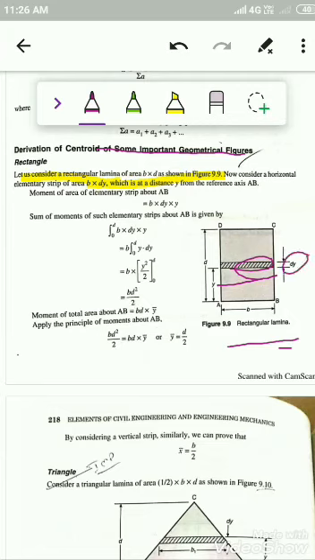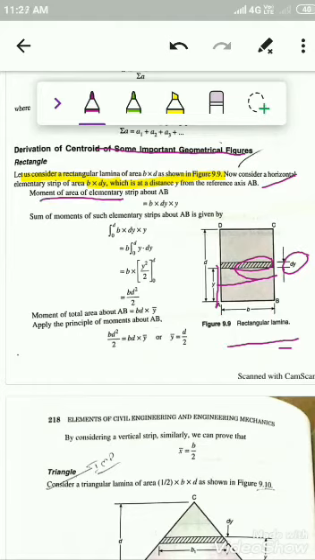So consider this small elementary strip in the entire rectangle, which is situated at a distance y from AB. Now the moment of area of the elementary strip about AB.